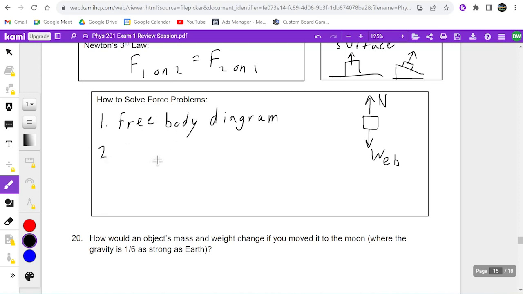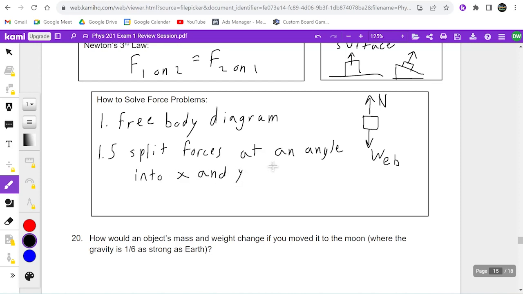So anyways, before we even get to step 2, we have a step 1.5. And step 1.5, which is extremely important, is to split forces at an angle into x and y components, just like we did for velocity and kinematics and projectile motion. After you do that, then we're at step 2.